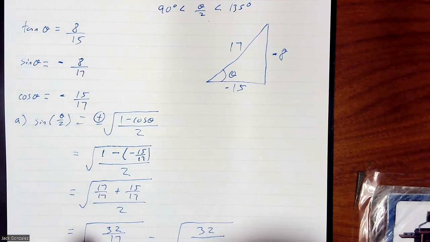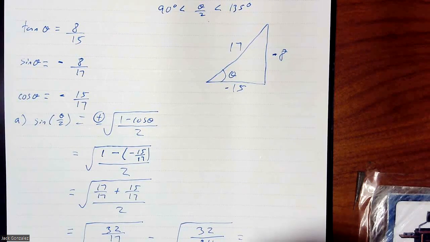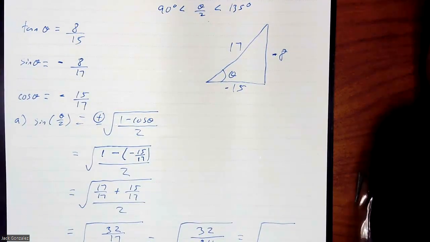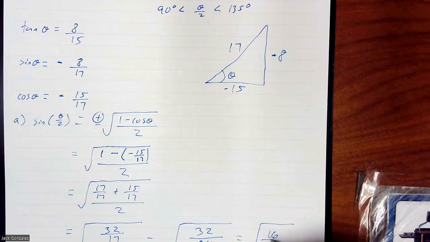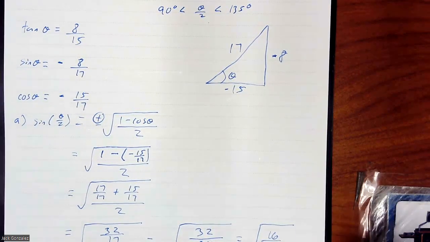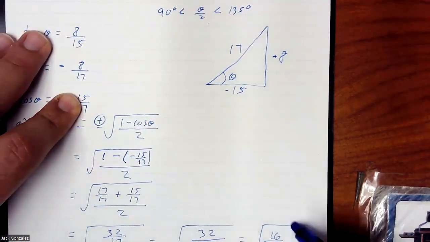It's 2 times 17, that's 34. Anyway, that will reduce to 16/17. Running out of space, wrote too big.